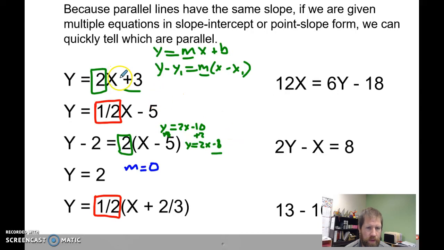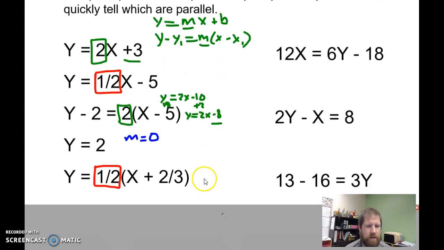The other way I could do this is I've got my y-intercept here, and that's where x equals 0. So I can just plug in 0 for x to see if my y is a different value. So 1/2 times 0 is 0, and 1/2 times 2/3 gets complicated, but we can do that.